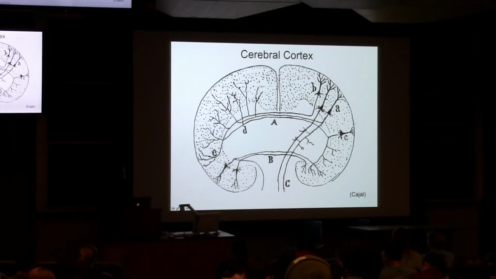The white matter fibers here are basically bundles of axons. The axon can be as long as your whole brain. For example, a neuron on the right side of the brain projects its axon through the white matter, and it can go all the way across to the other side of your brain. That's a single cell.